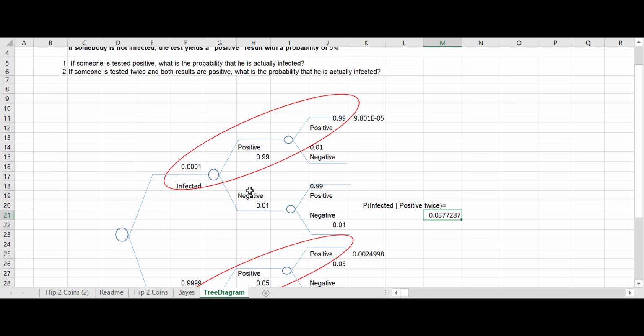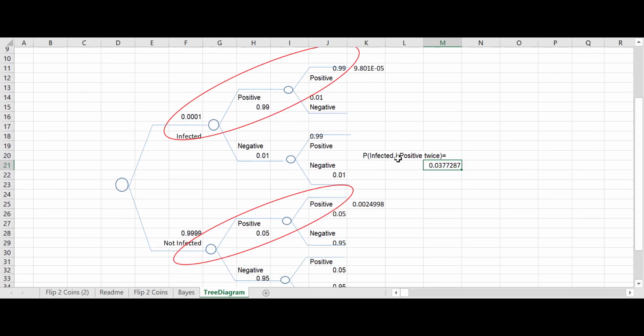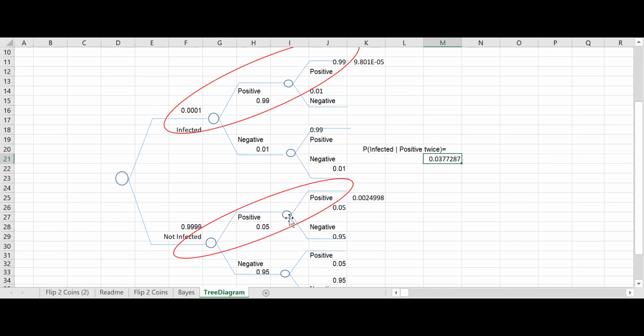So twice positive, you only look at the branch of those who are twice positive: infected and tested twice positive, and also not infected but possibly tested positive twice, okay? So you need to find this group that tests positive twice, and out of this group, how likely they got infected is this branch, okay?